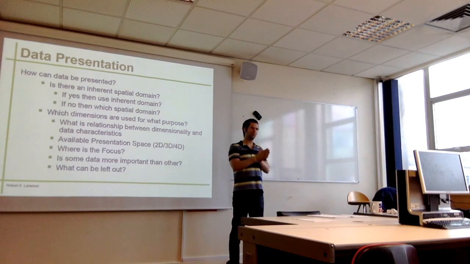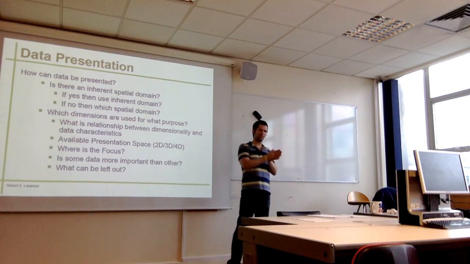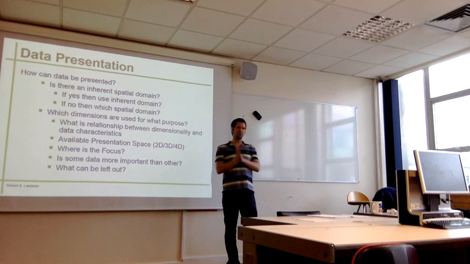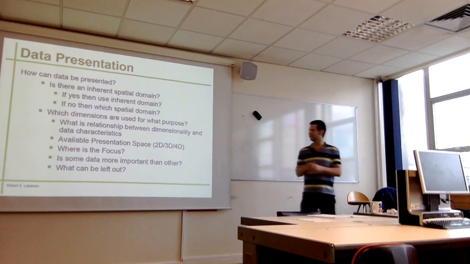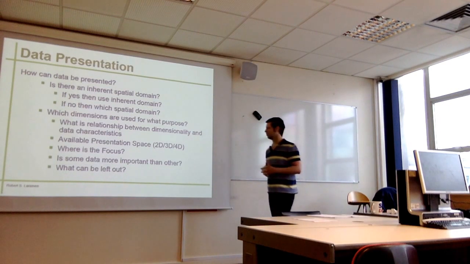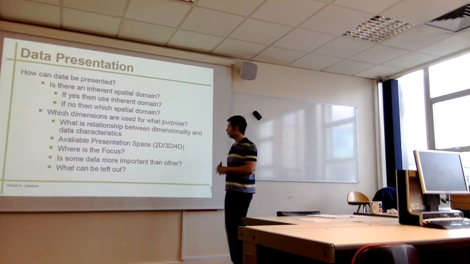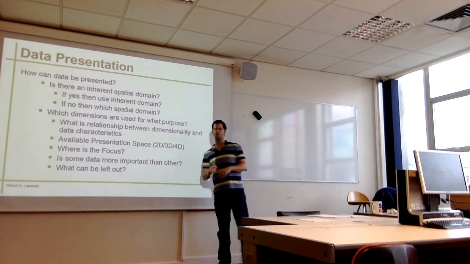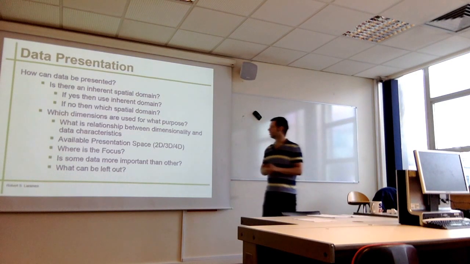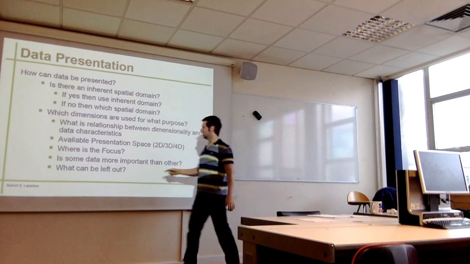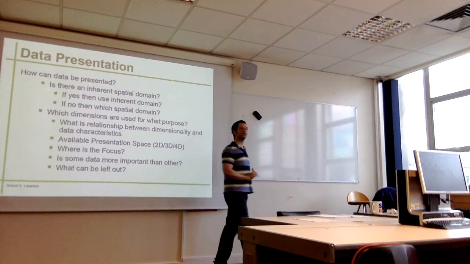So we focus more on the things that we think are more important, and less on the things that we think are less important, right? Usually some data is more important than other, usually, not always. And that implies maybe we can leave something out. Can we leave out something?